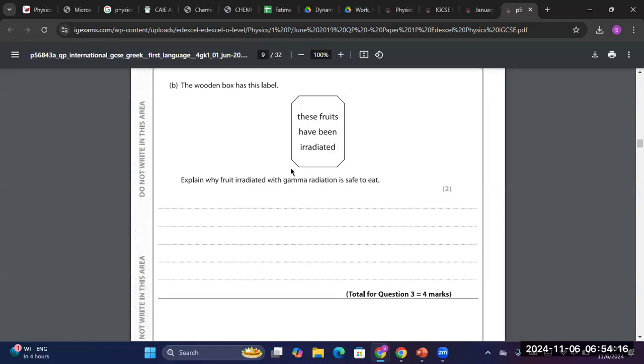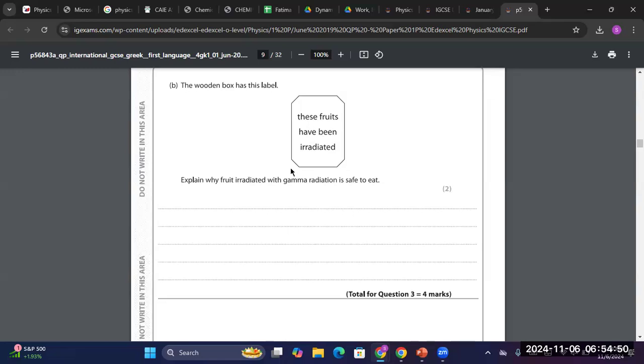Yes, not just because it has killed all the bacteria. You are right, it would have destroyed all the bacteria, but why is it safe to eat, in the sense that why don't I have to worry about radiation damaging me? Why is that not a concern, that the radiation can also harm me?